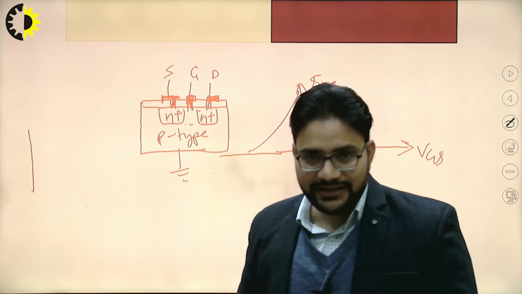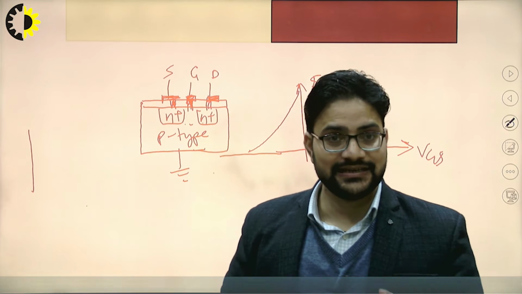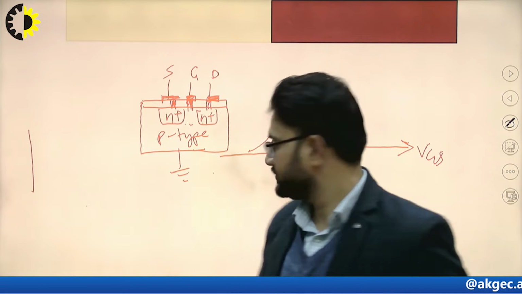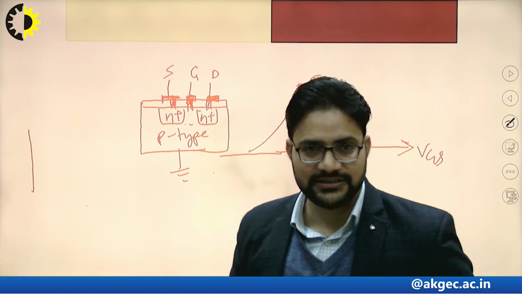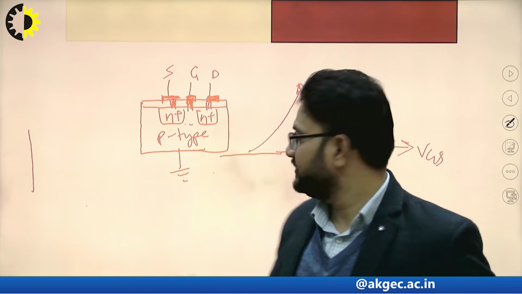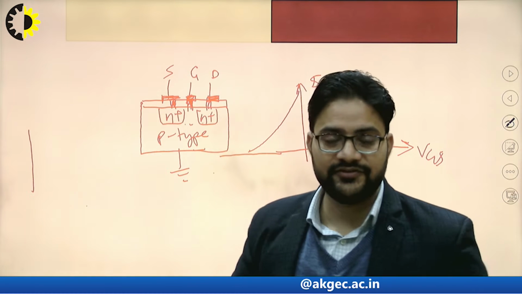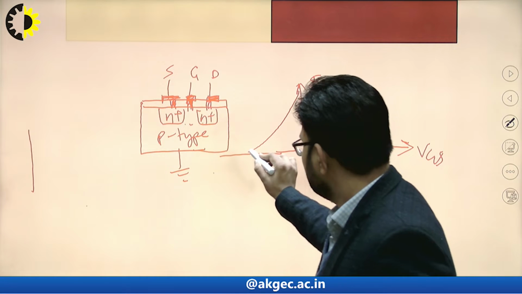So when we increase the gate to source voltage, correspondingly the drain current will vary like this.